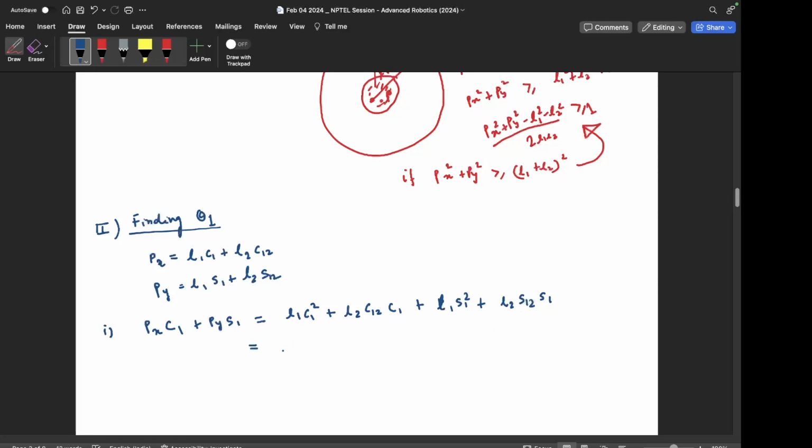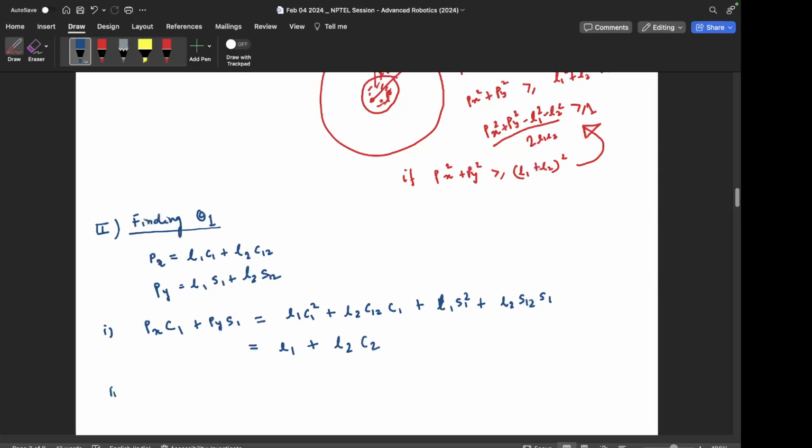And again L1 C1 square plus L1 S1 square is L1, and L2 is common in the two terms, and that's the same expression which we encountered earlier, cos A cos B plus sin A sin B. So this is L2 C2.